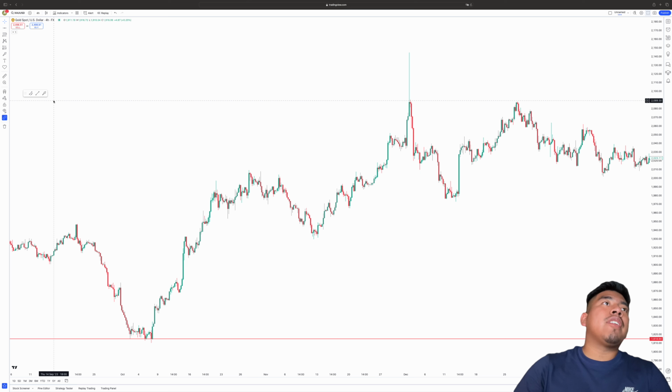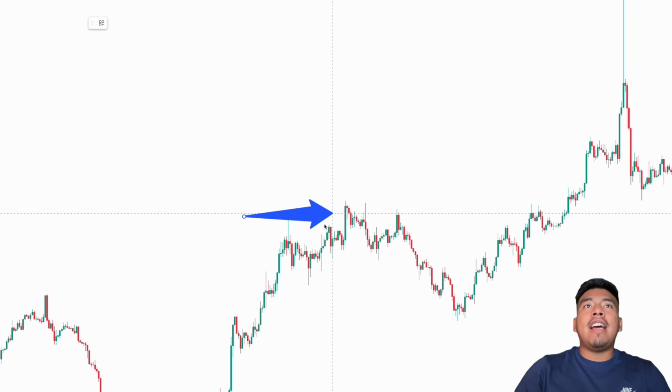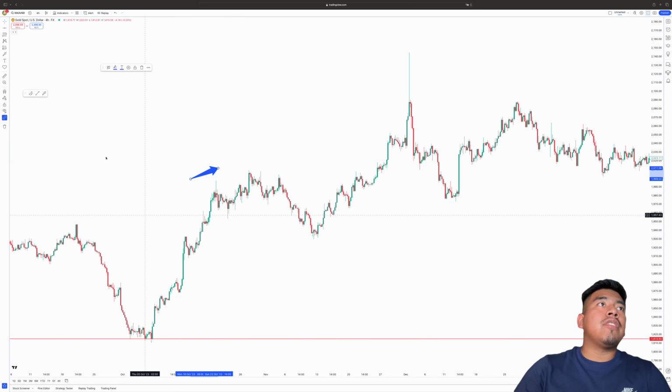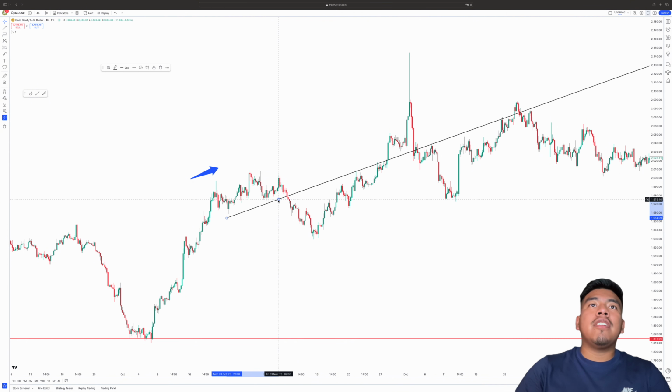A good way to see why this is a top is that we can see a shoulder, a head, and a shoulder. And then we can also see a break of structure over here, confirming the head and shoulders pattern, confirming gold price would continue to go lower in this scenario. So we can now mark this as the top of the Fibonacci.